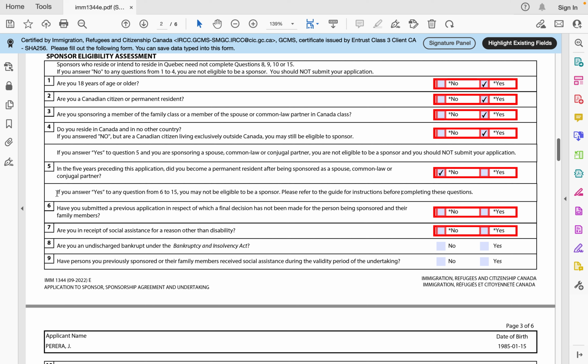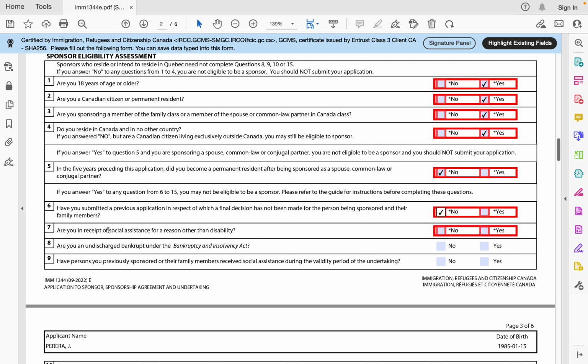Then we go on. If you answer yes to any questions from 6 to 15, you may not be eligible to sponsor. Please refer to the guides for instructions before completing this question. Have you submitted a previous application in respect of which a final decision has not been made for the person being sponsored and their family members? That means, is there an application in progress? No for me.